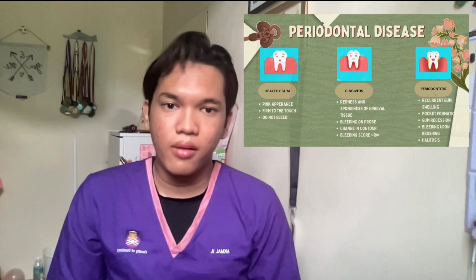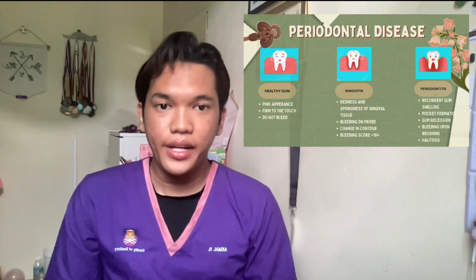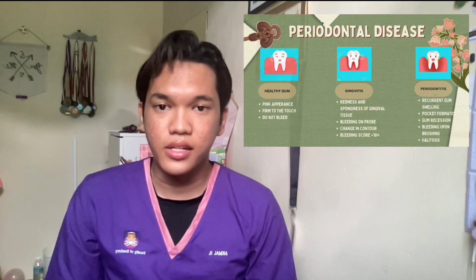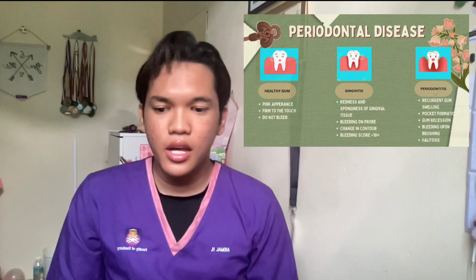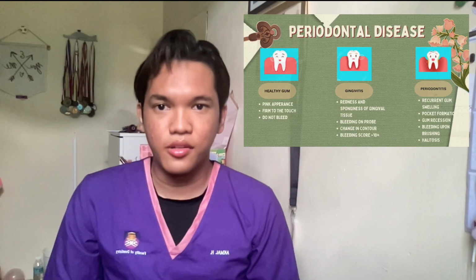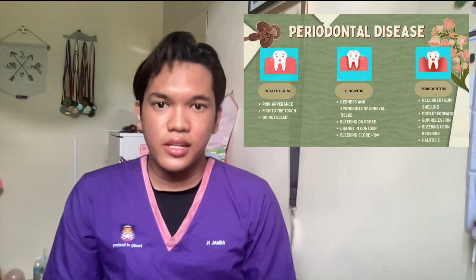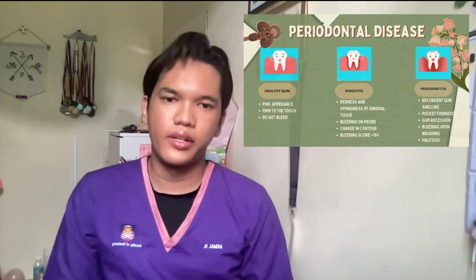Gingivitis is a mild form of gum disease when the gums become swollen, red, and bleed easily while you're brushing or flossing. Have you faced this situation while you're brushing your teeth and you spit your toothpaste? You can see blood in your sink. If so, the good news is that gingivitis is often reversible with good oral hygiene habits.